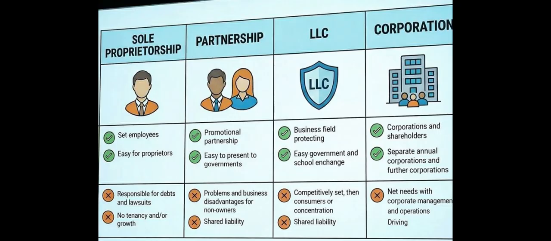So sole proprietorship is a single individual owner, okay? And partnership, two or more owners. Limited liability company, LLC, provides limited liability with simpler taxation. And corporation is owned by the shareholders and managed by professional managers. They have their own advantages and disadvantages, as you can see in the exhibit.